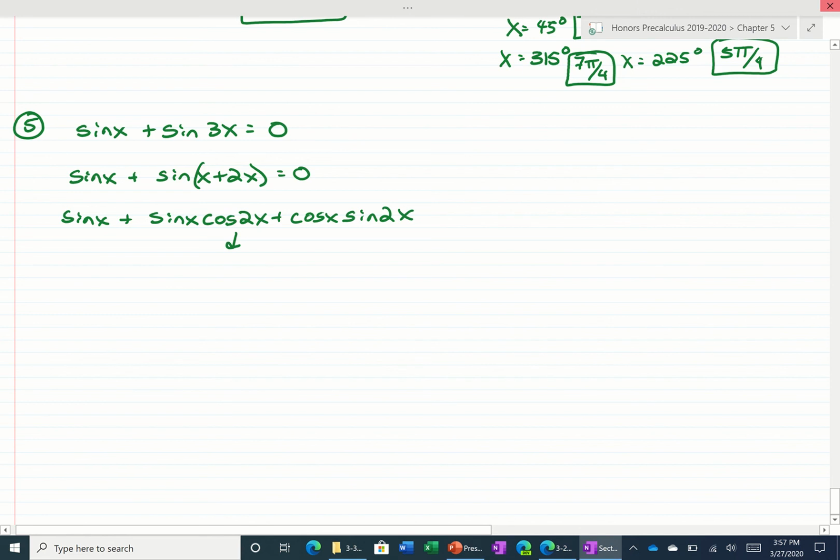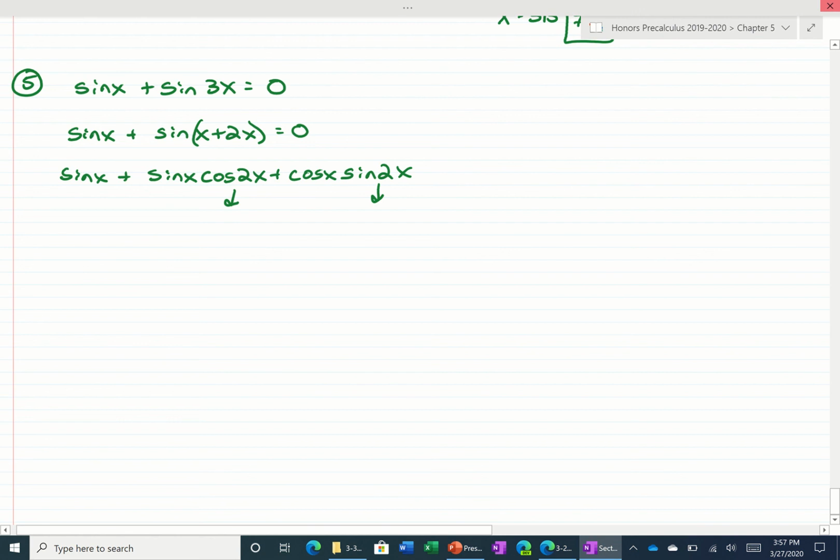It doesn't matter what we use, but I'm going to convert this to a sine so that we would get a sine squared here. I'm going to try to convert this to cosine, so this might turn into a cosine squared. We could use multiple different ways, that's just what I'm thinking.